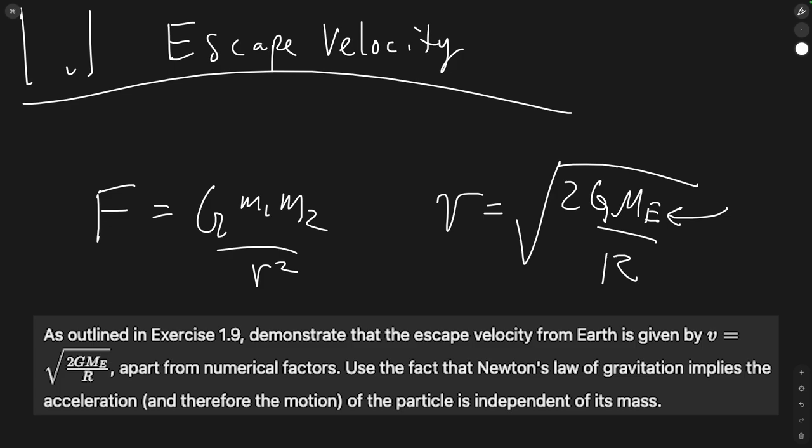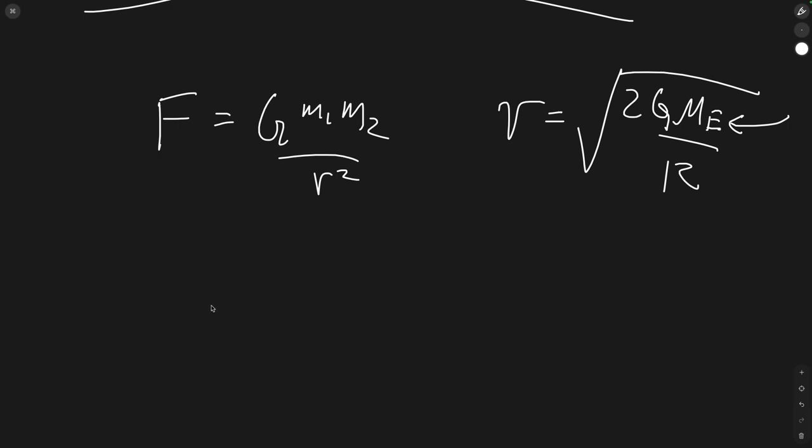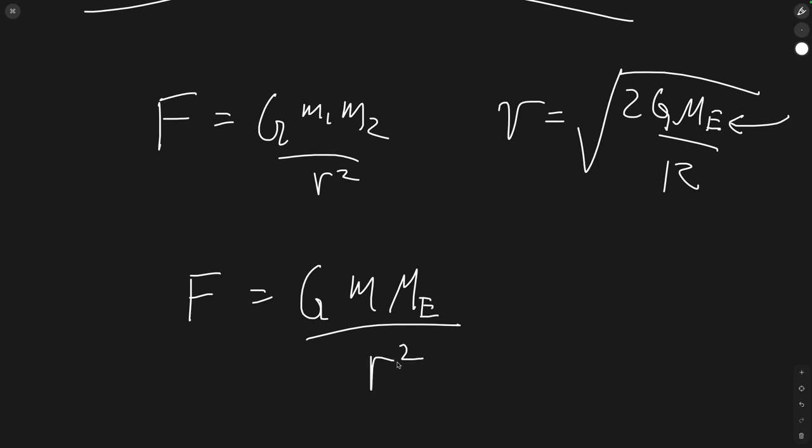object. And we know this because the force between two objects equals this, which means that the gravitational force between an object escaping Earth and the Earth is going to equal the mass of whatever that object is times the mass of the Earth over the distance between that object that's escaping and the center of the Earth.